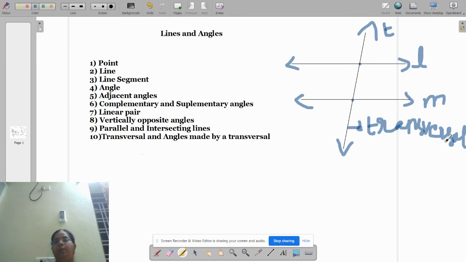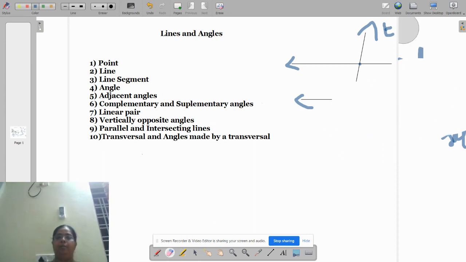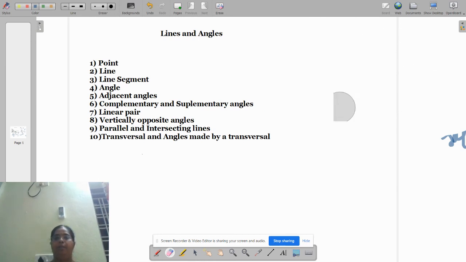Now, let us see what are the angles made by a transversal. So, let me clear this. What I said, what is a transversal?